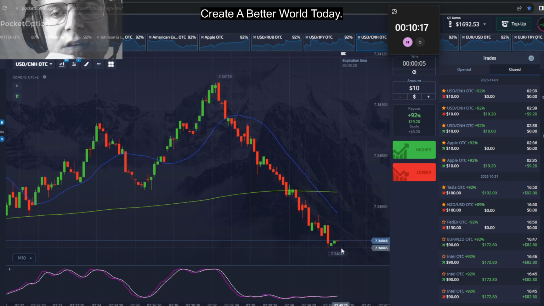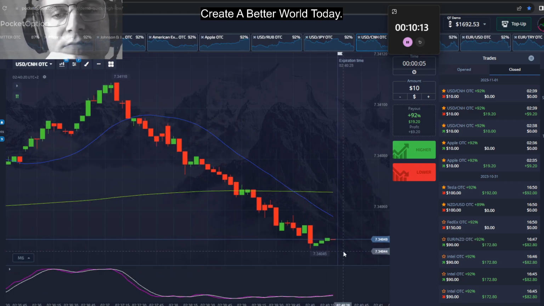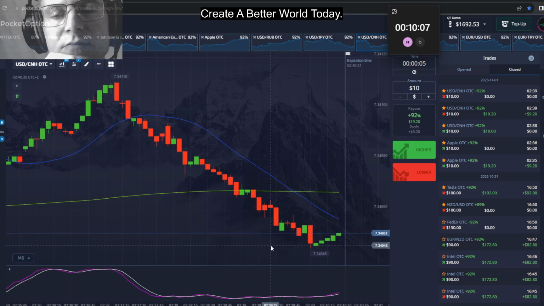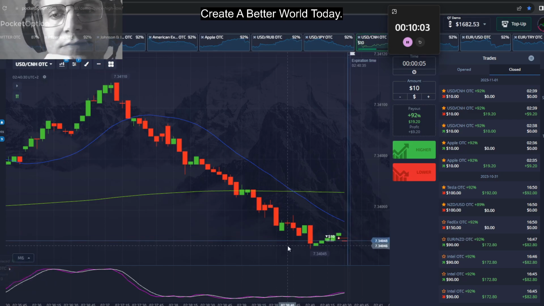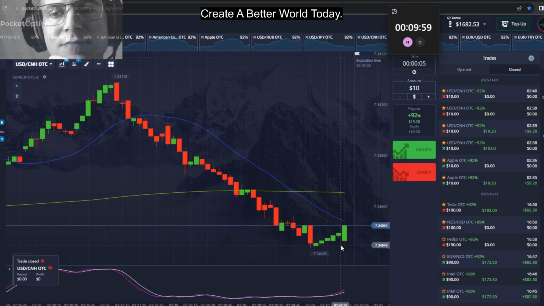Okay, so same thing here, a couple green candles. Oh, is it reversing now? Hmm.